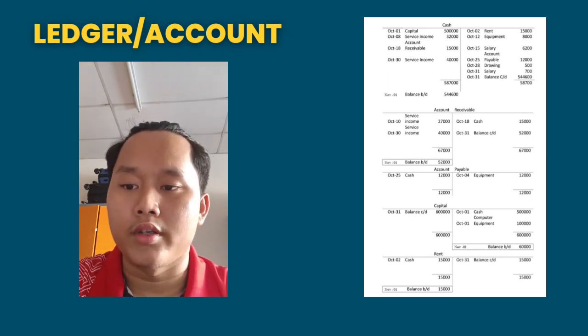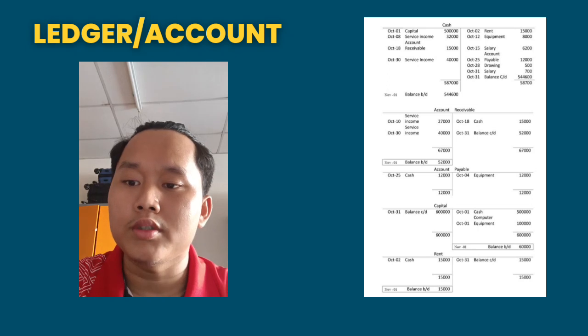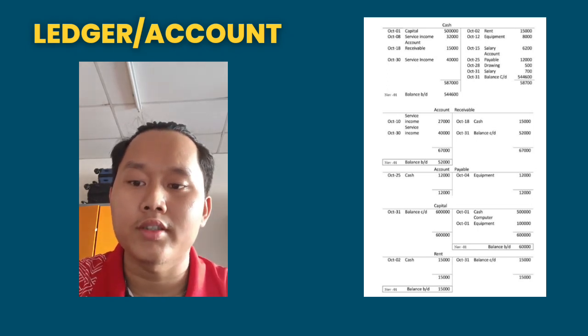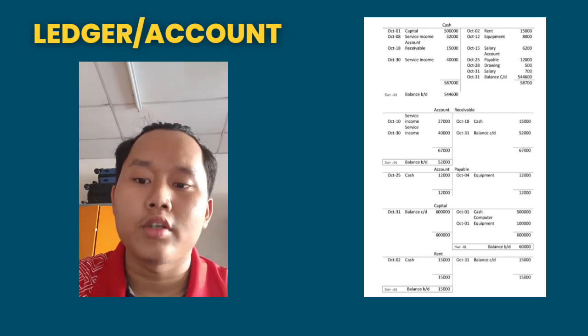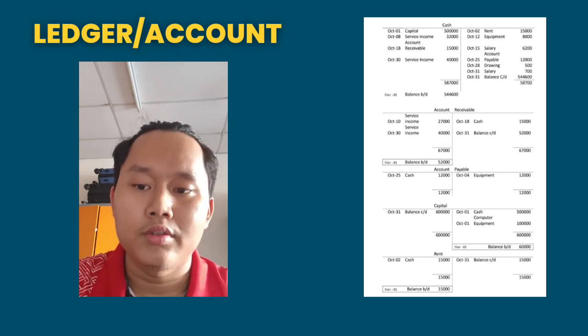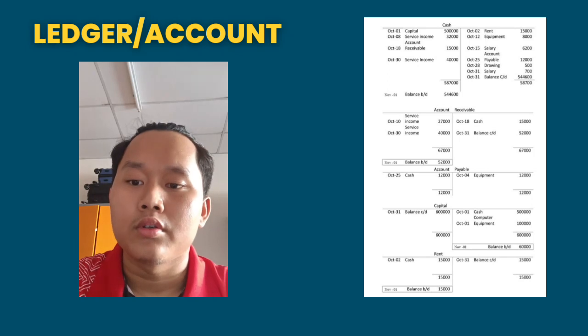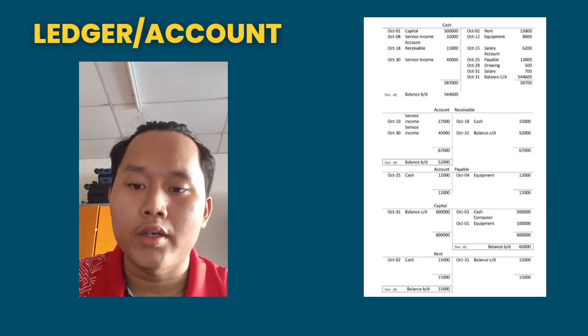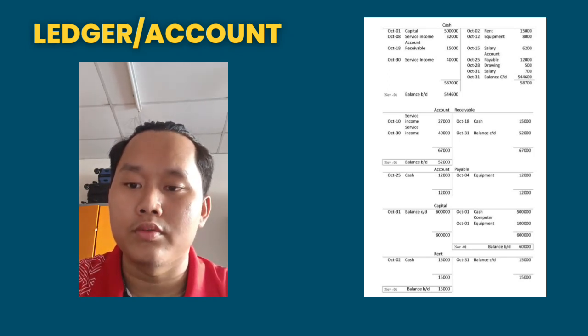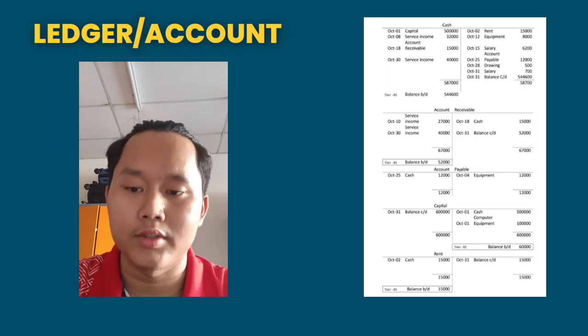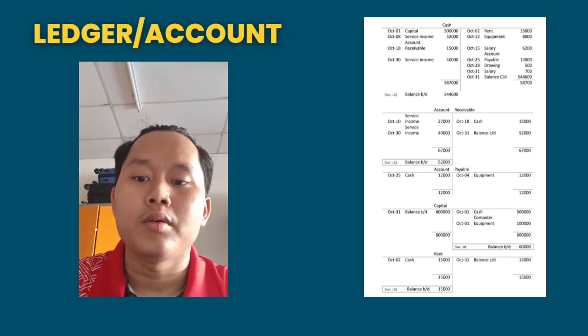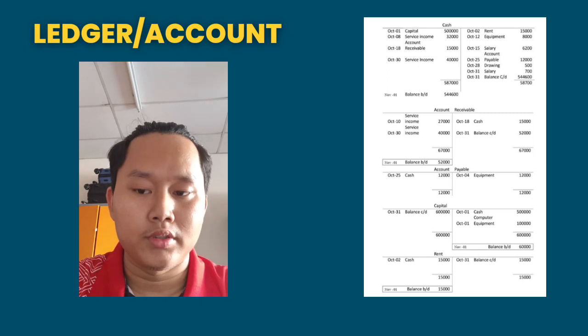In the debit side is only October 31 balance CD 600,000. In the credit side is October 1 cash 500,000, and October 1 also computer equipment 100,000, and the total is 600,000. And November 1 balance BD is 600,000.